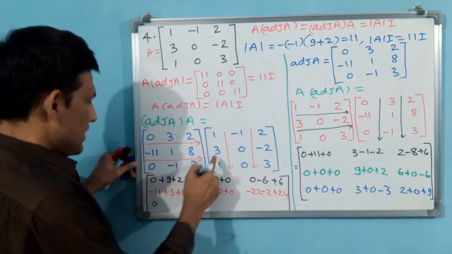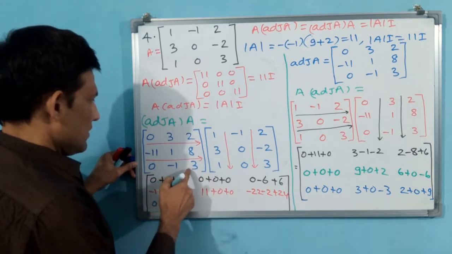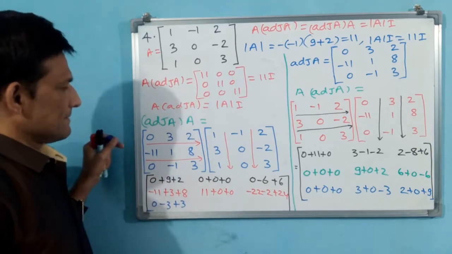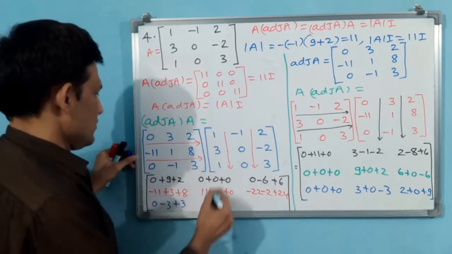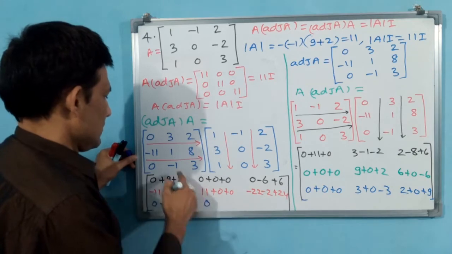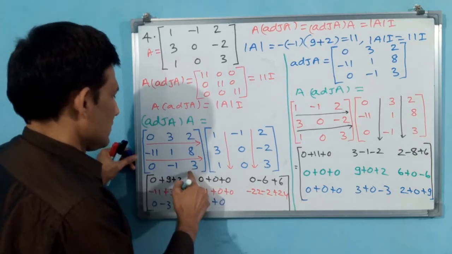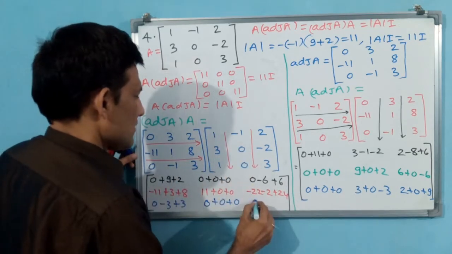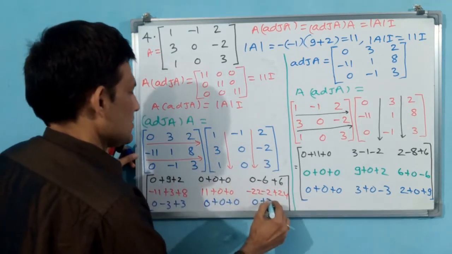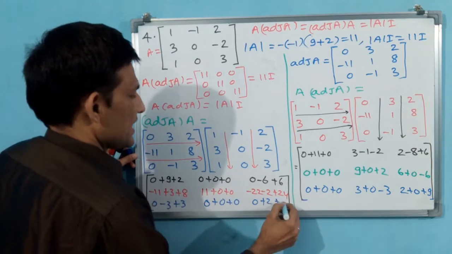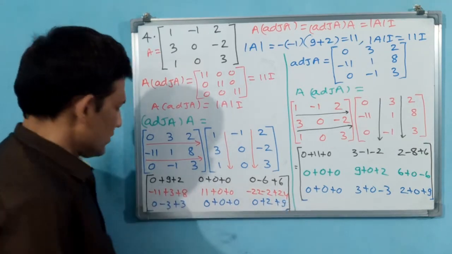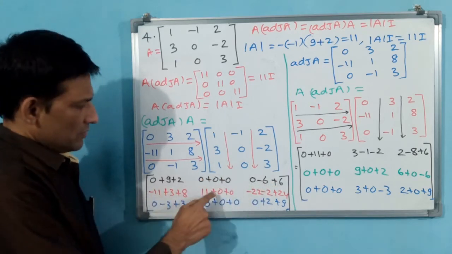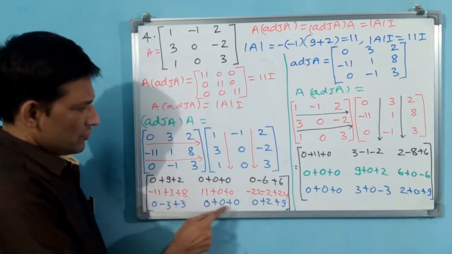See, 0 minus 3, okay, plus 3. Okay. Now second one, 0, 0, 0. Last one, 0 plus 2 plus 9. Okay, now you see here 11 0 0 0 11 0 0 0 11 has come.